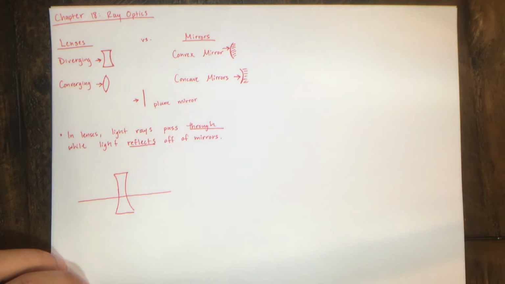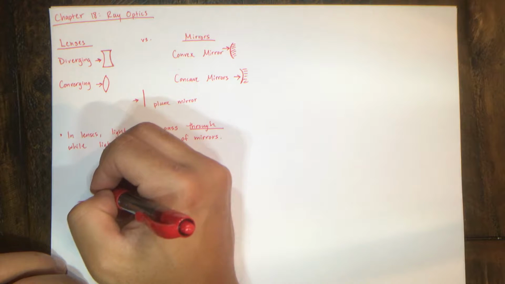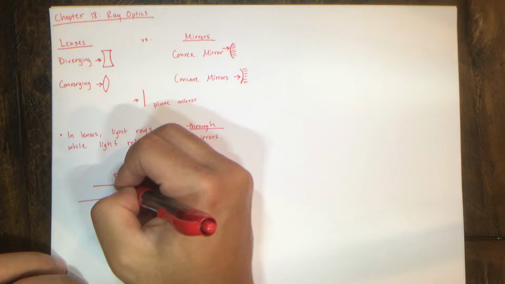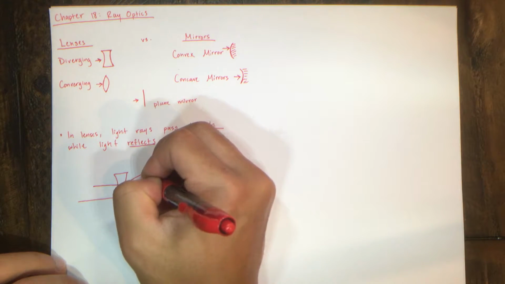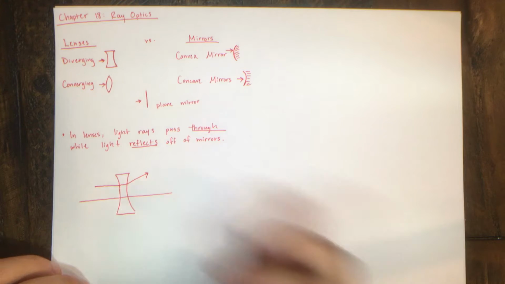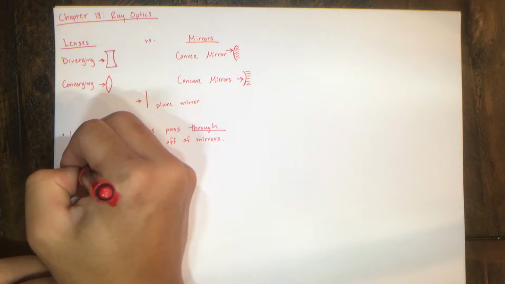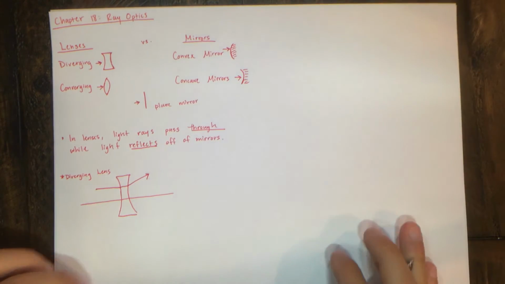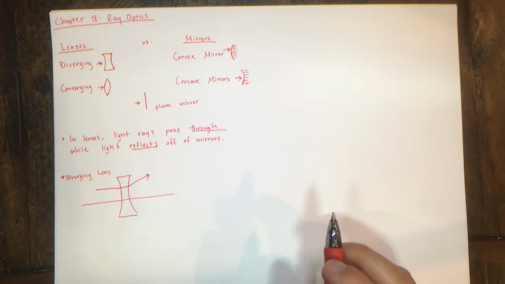If we have light that travels this way, what will happen is the light will get refracted and will go outwards. This is a diverging lens, and that's always the case, essentially.